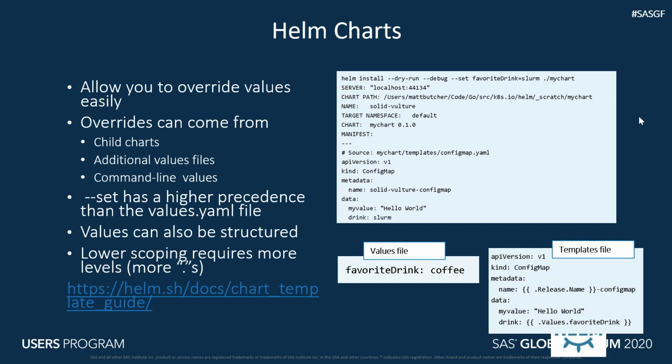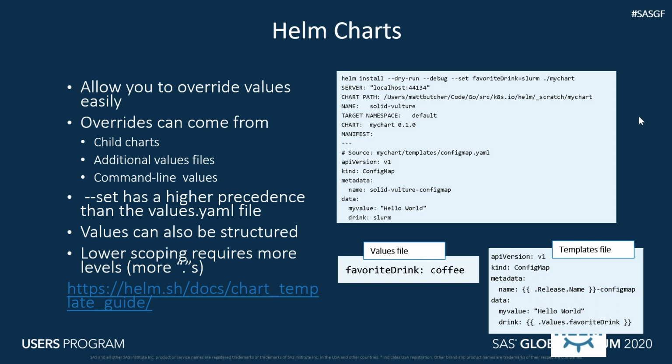It's not only being able to plug in values from a values YAML file, but also being able to override them on the command line. For example, if you needed to install multiple things, you could differentiate them just by supplying different overrides on the command line or a different values YAML file, and then you could deal with multiple ones more easily without having to duplicate or hard code all the things as you would without Helm.